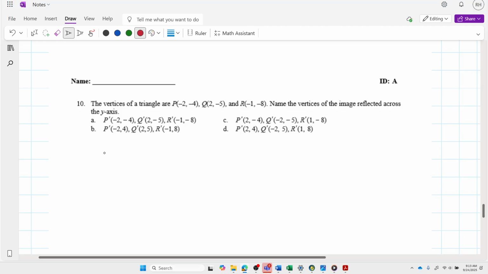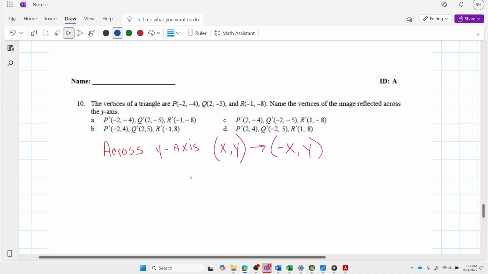So across the y-axis, the rule is for every xy across the y-axis, our x becomes opposite and our y stays the same. So we apply the rule to the points given.